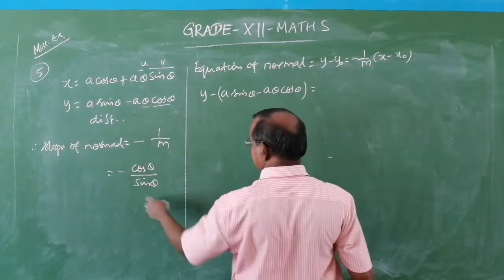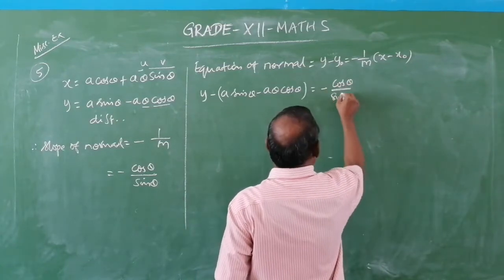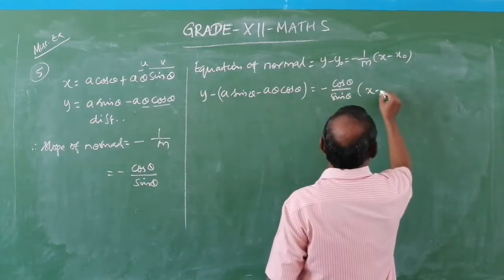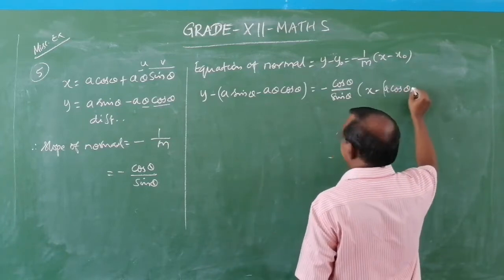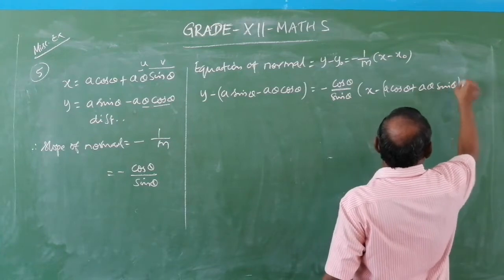Minus 1 by m is minus cos theta by sin theta into x minus x naught, which is a cos theta plus a theta sin theta.